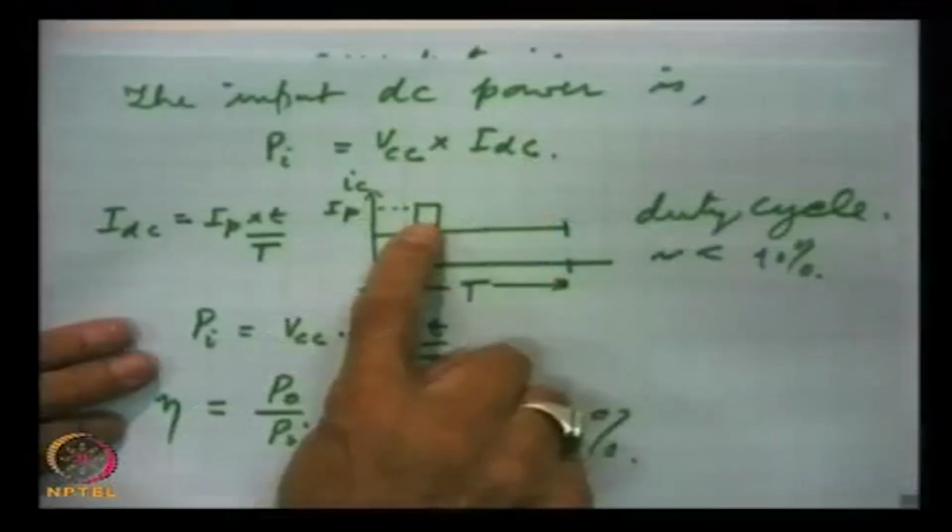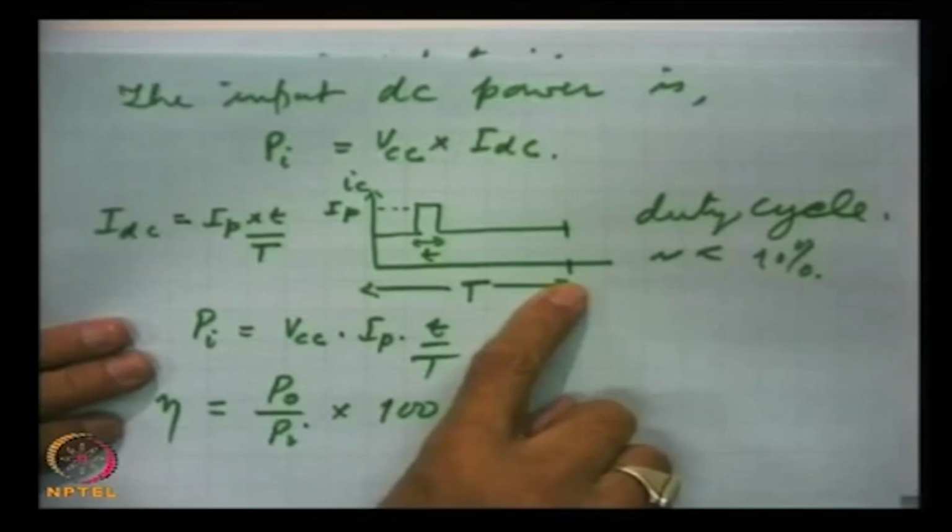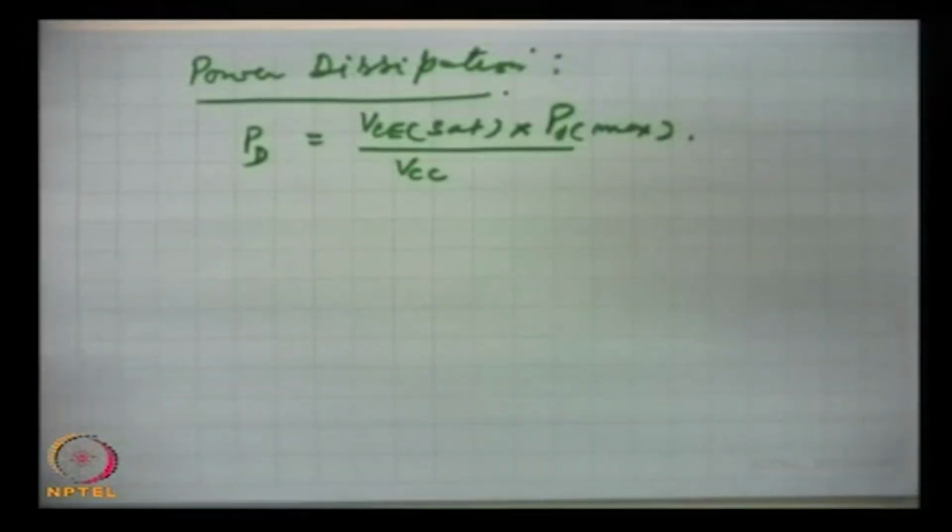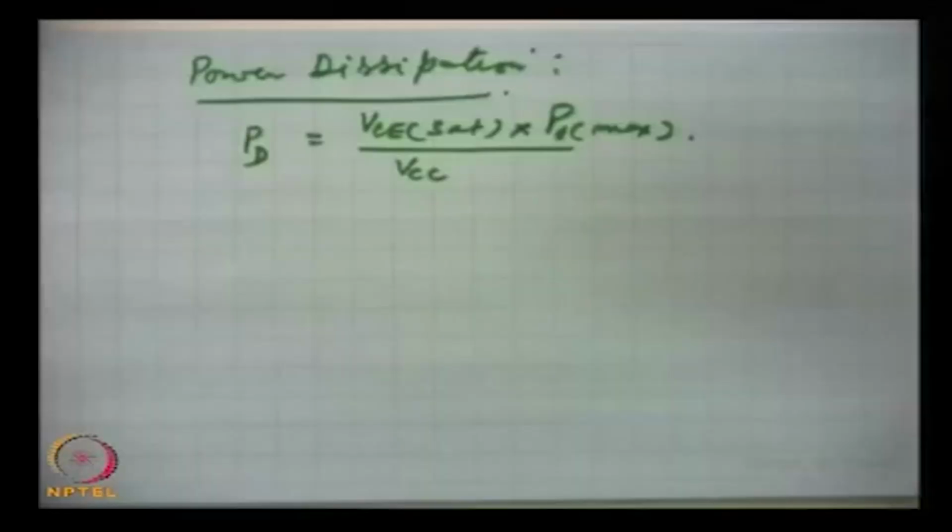In class C operation, the conduction is for a very short time as compared to the period of the wave. That means the duty cycle is kept close to 10% or less.